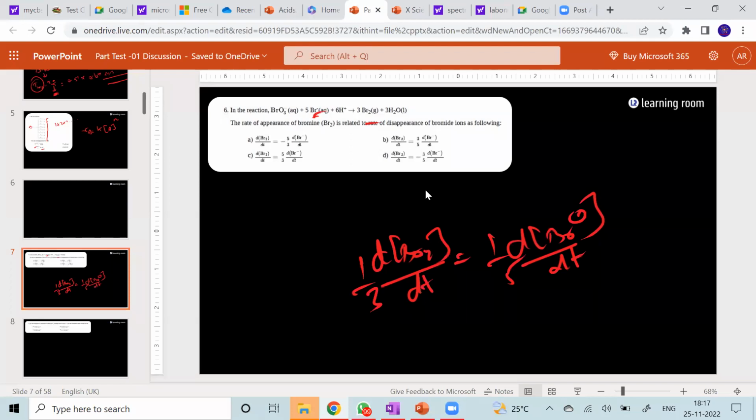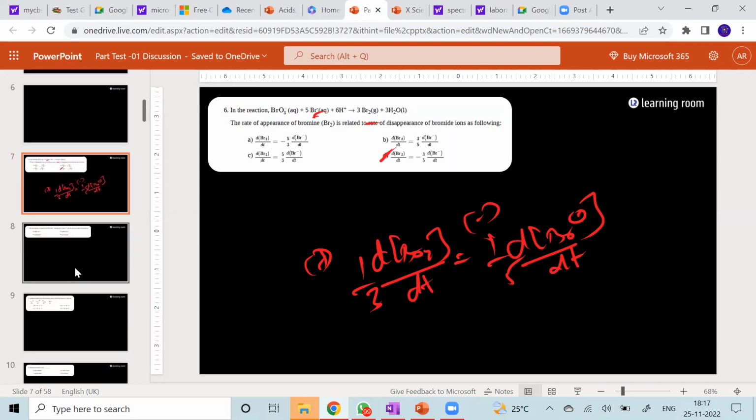For Br minus I have to put a negative sign, and for Br2 it is a positive sign. So if I write dBr2, this 3 will go here, so dBr2 in terms of dBr minus by dt will be minus 3 by 5. That's it. D will be the answer. Very simple.